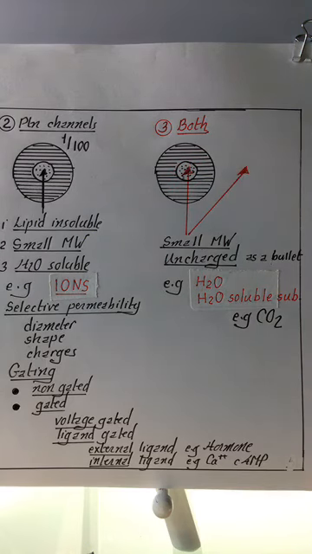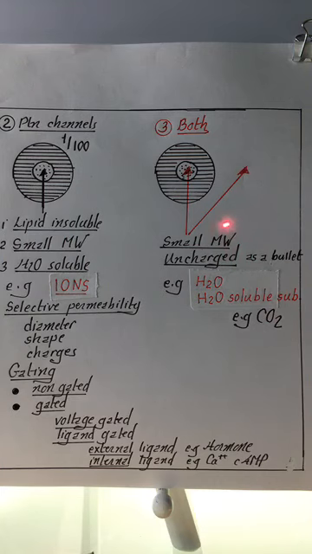We have two examples. So 2 for 2. We have water and water soluble substance, for example carbon dioxide and urea.